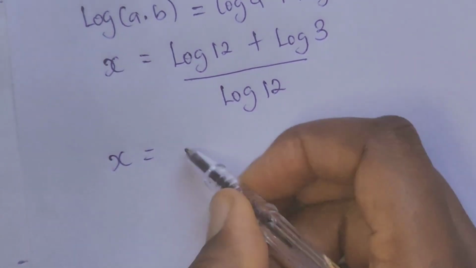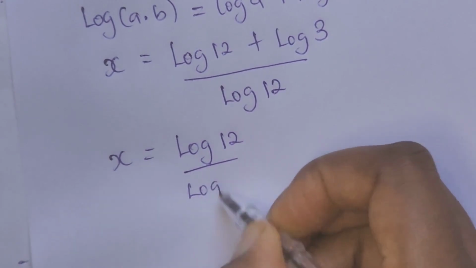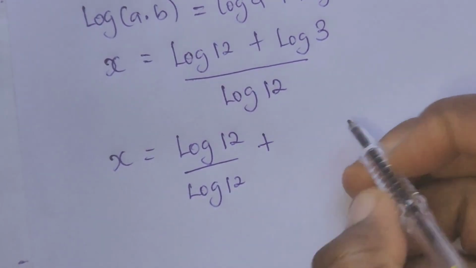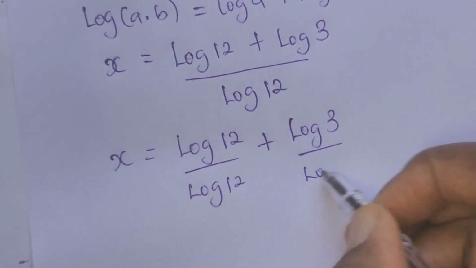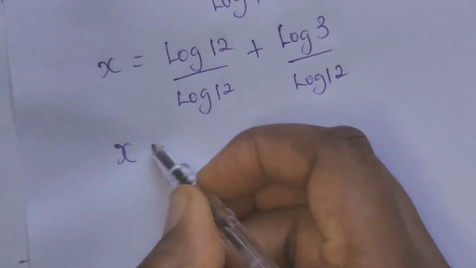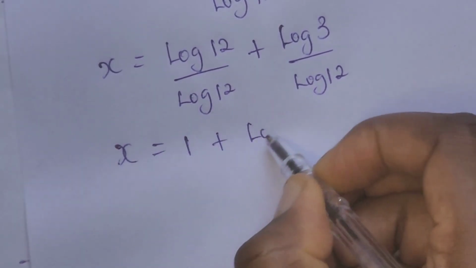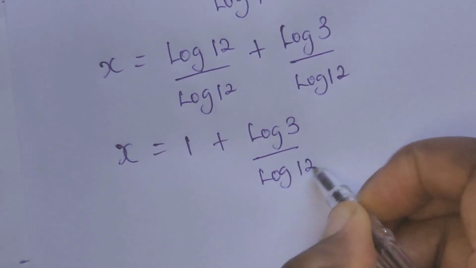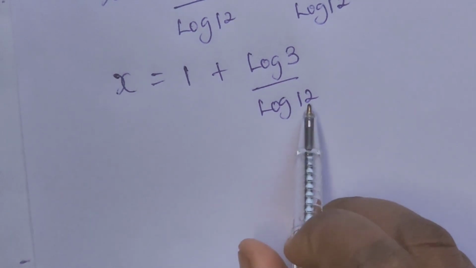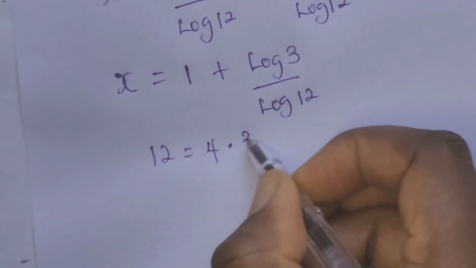So x is equal to log of 12 over log of 12 plus log of 3 over log of 12. X to be equal to this, cancel this, we have 1 plus log of 3 all over log of 12. So we can split 12 to be equal to 4 times 3.